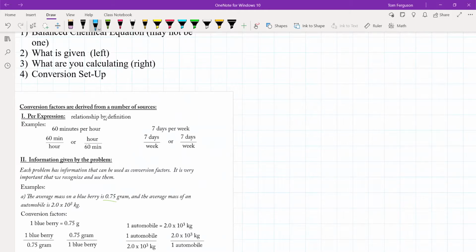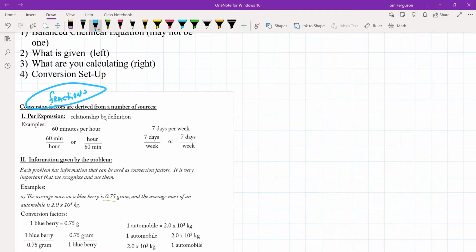For example, conversion factors are always fractions. They start with an equality. For example, how many minutes are in an hour?